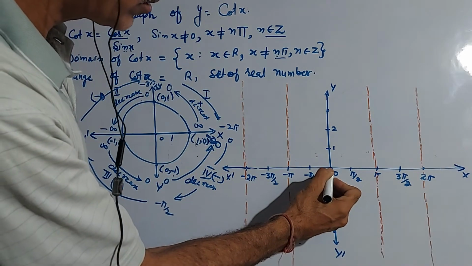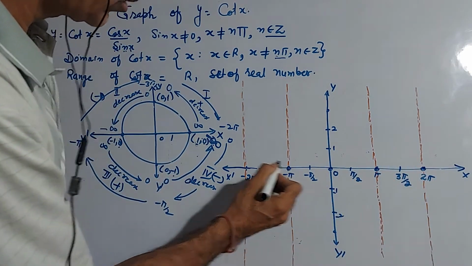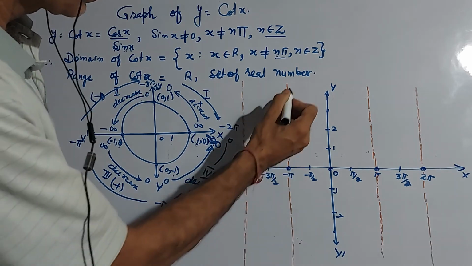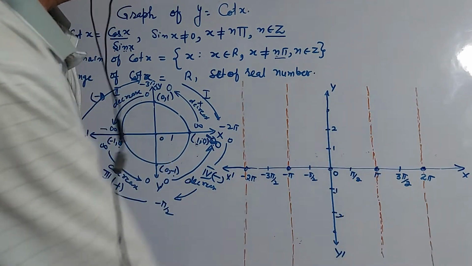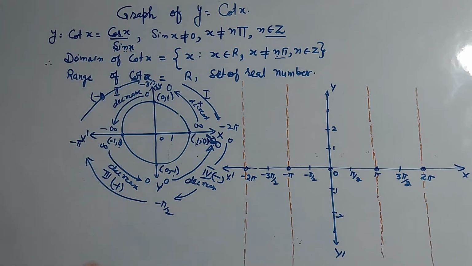So at these points the dotted lines are drawn, where cot x is not defined.